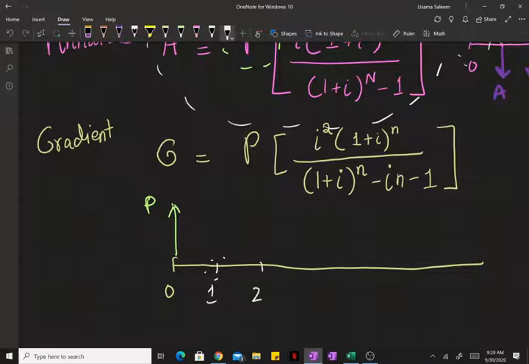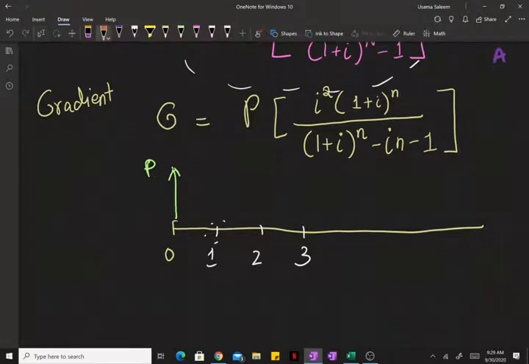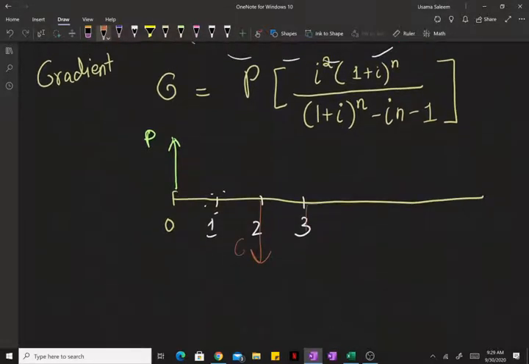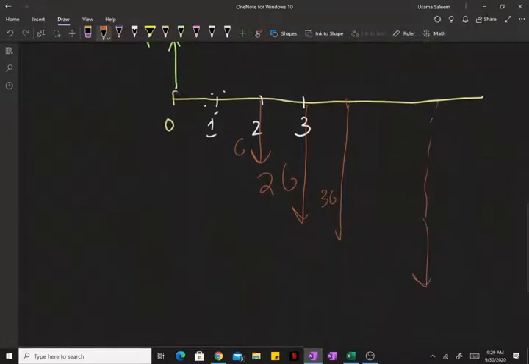You make your first payment at year two, and then at year three, the amount is doubled, and then at year 4, it increases to 3G, etc., until it has been finally paid off in the nth year, and that amount is going to be n minus 1 times G.